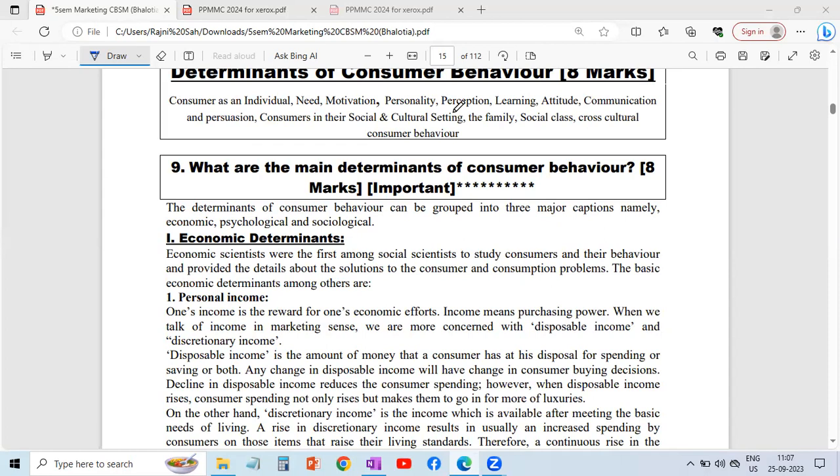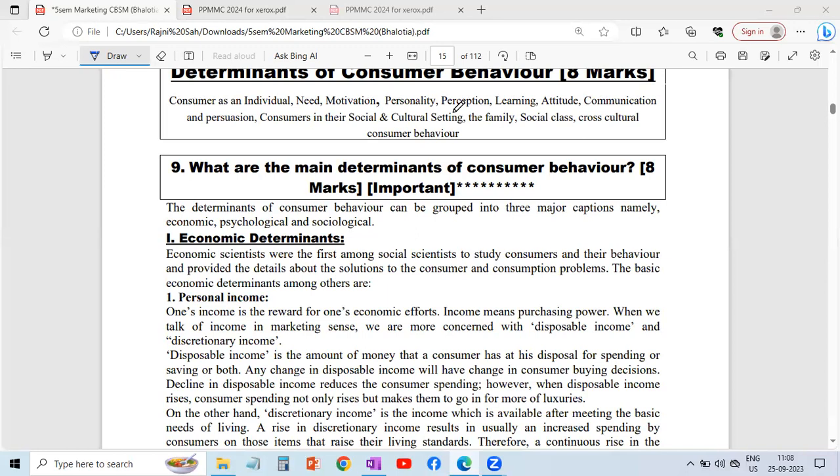In economic determinants, economists were the first among social scientists to study consumers and their behaviors and provided details about solutions to consumer and consumption problems. The basic economic determinants: there are a few social scientists who have found out the important aspects of consumer behavior.